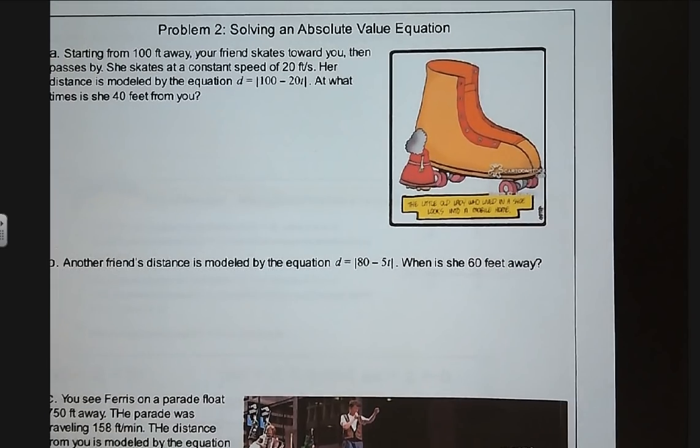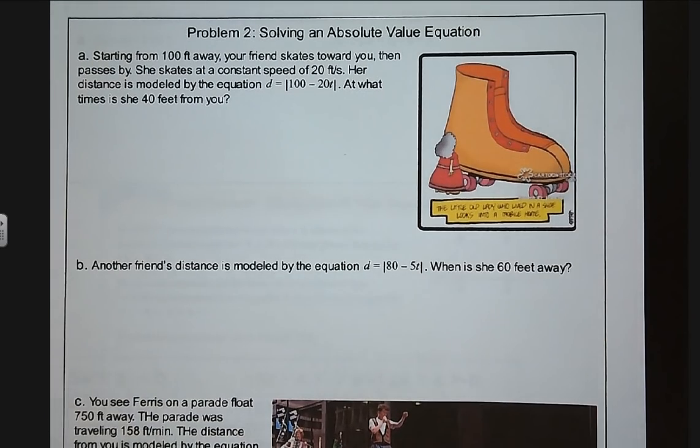Moving on, problem number 2, we're going to deal with word problems involving absolute values. So we have letter A. Starting from 100 feet away, your friend skates towards you, then passes by. She skates at a constant speed of 20 feet per second. Her distance is modeled by the equation d is equal to 100 minus 20t.